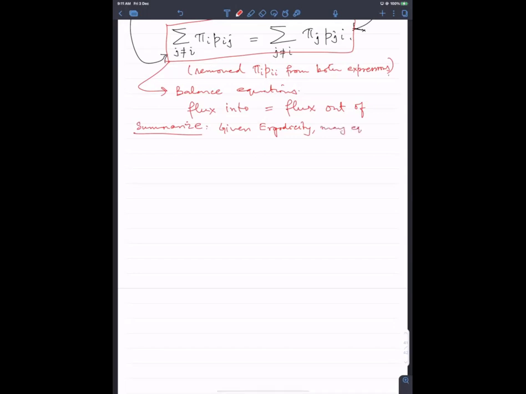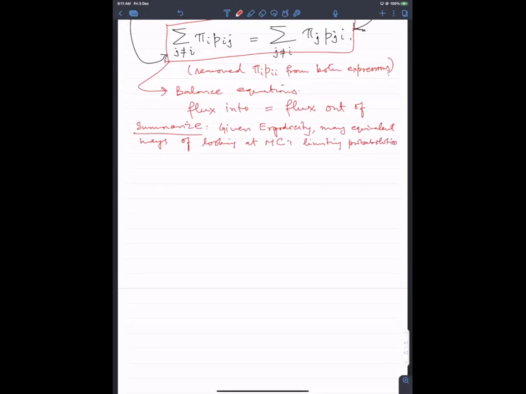Many equivalent ways of looking at Markov chains' limiting probability distributions. Okay.